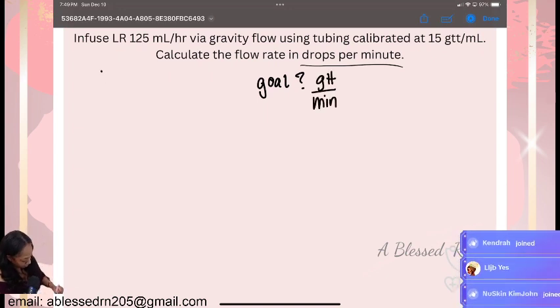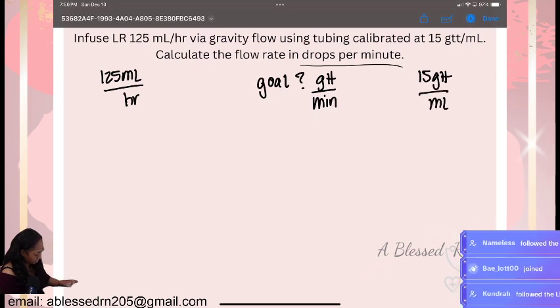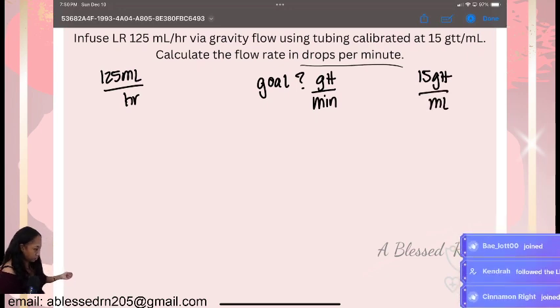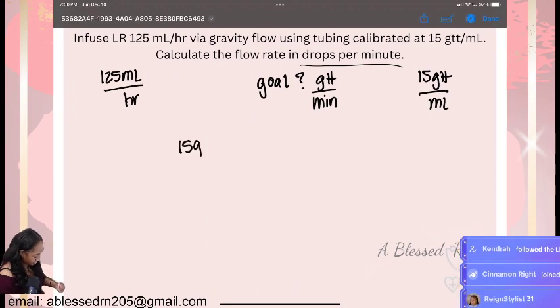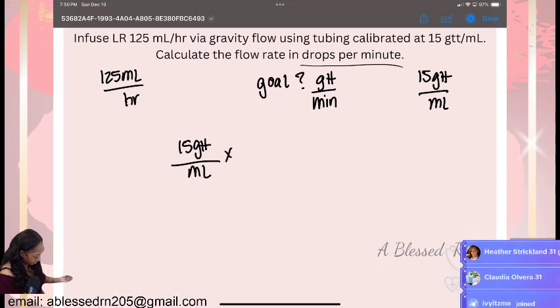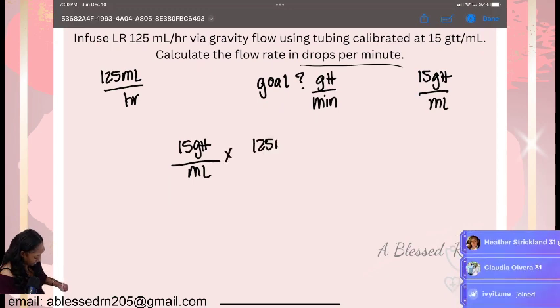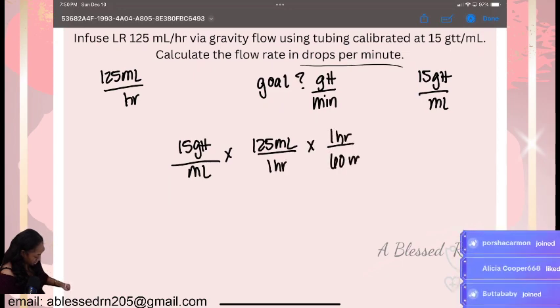Okay, so our rate is going to be 125 mLs over an hour. And our drop factor is 15 drops over mL. And we're looking for drops on the top and minutes on the bottom. So 125 milliliters over 1 hour times 1 hour over 60 minutes.